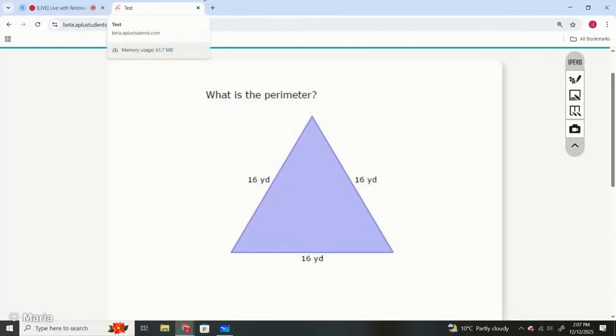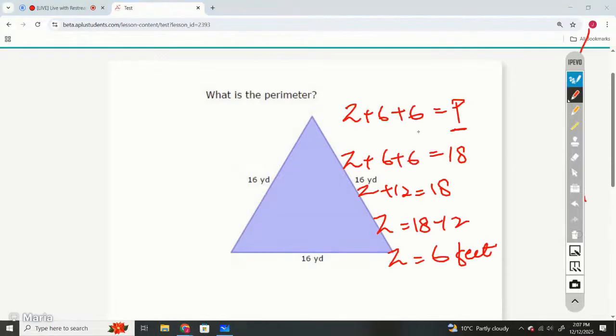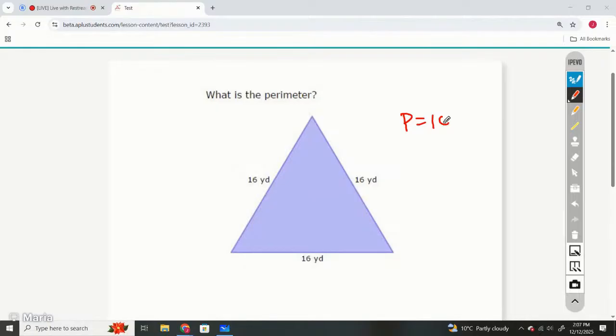What is the perimeter? For the perimeter, we need to add all the side lengths. So that is P equals 16 plus 16 plus 16.